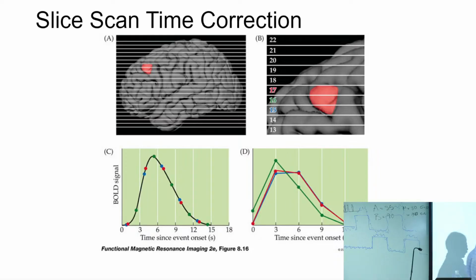If the distribution was like this, you did not do any correction, then the response may look like this, right? And it's not just the amplitude, it is also the delay, right? Which may give you false information. So we have to always correct for these kinds of changes.